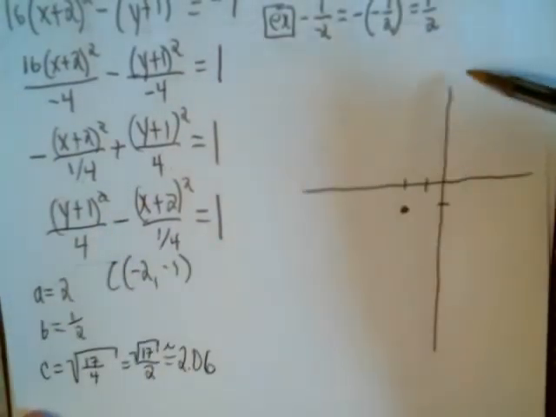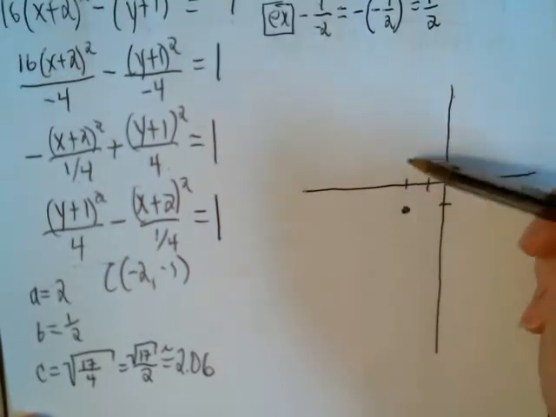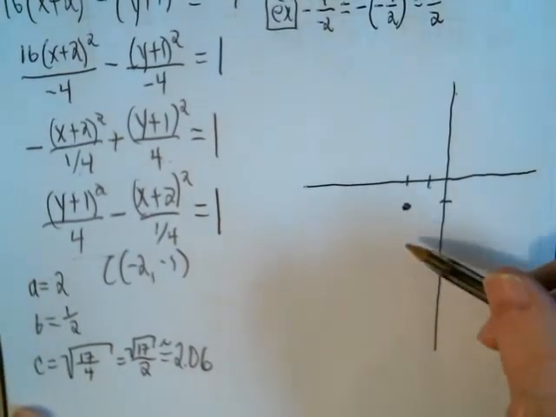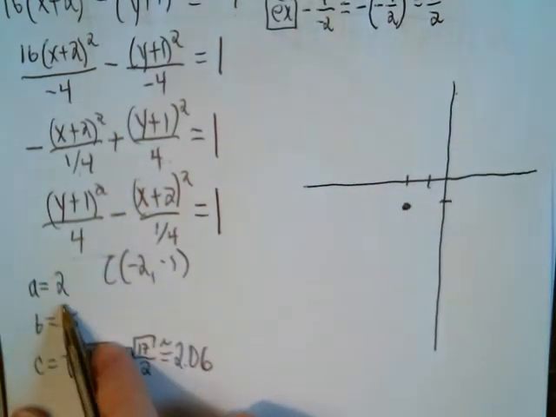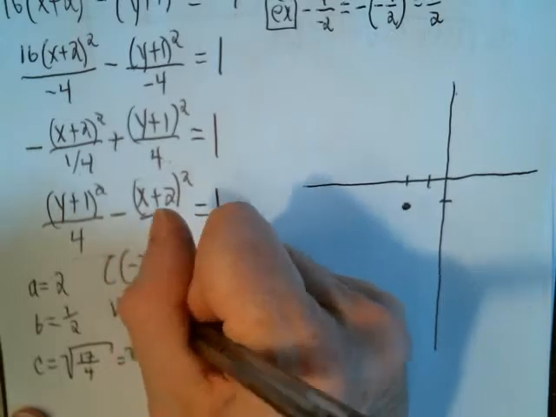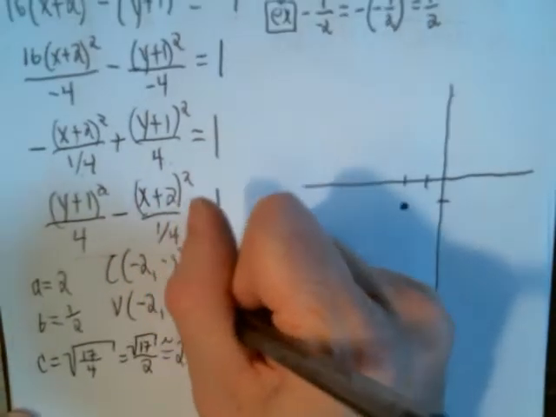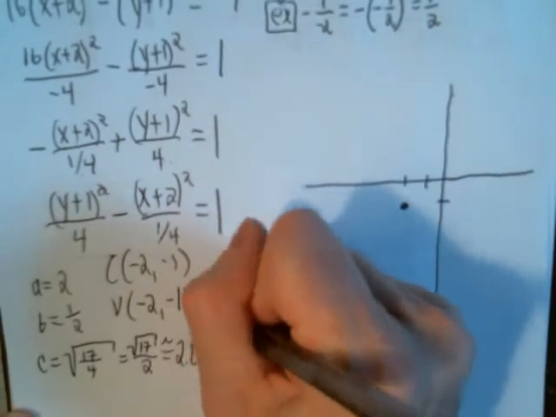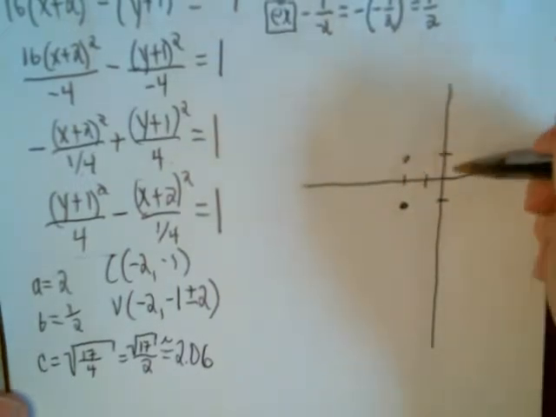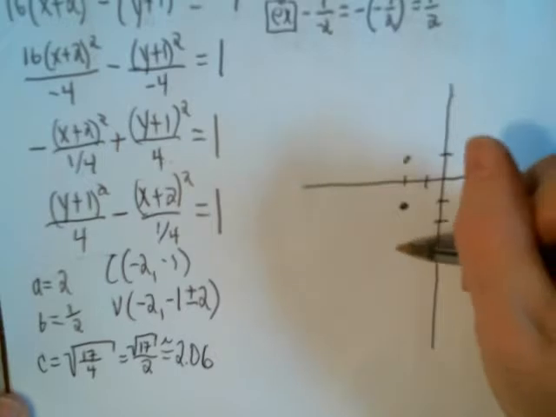Its branches are going to be on a line parallel to the y-axis. Okay. So to get to the vertices, I'm going to be going up 2 and then down 2. So the vertices, and we're manipulating the y-coordinate, so negative 1 plus or minus 2. So here I go, 1, 2, and then 1, 2.